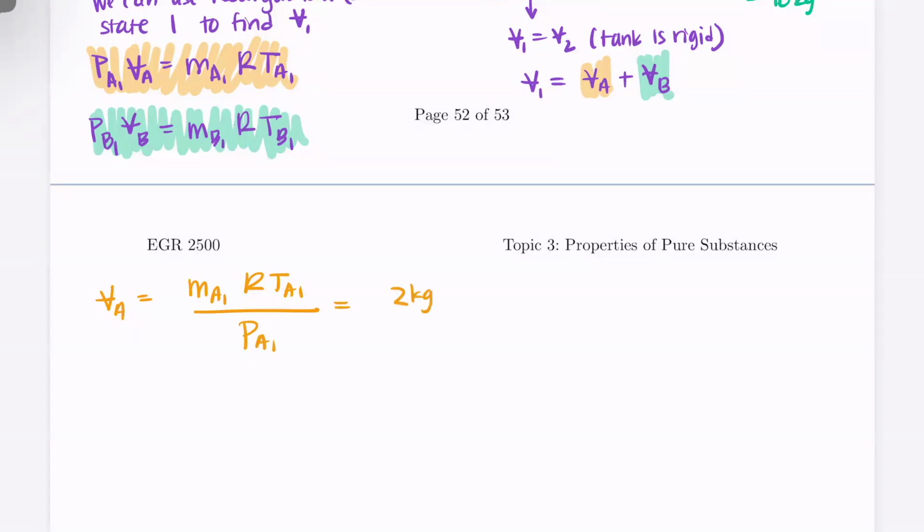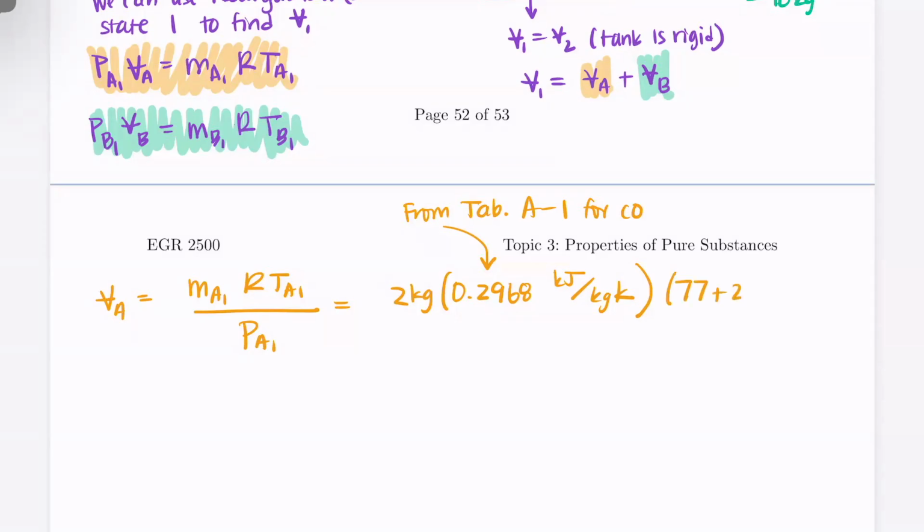So we have 2 kilograms of mass times R is 0.2968 kilojoule per kilogram K. This is from table A1 for carbon monoxide, times 77 degrees C plus 273.